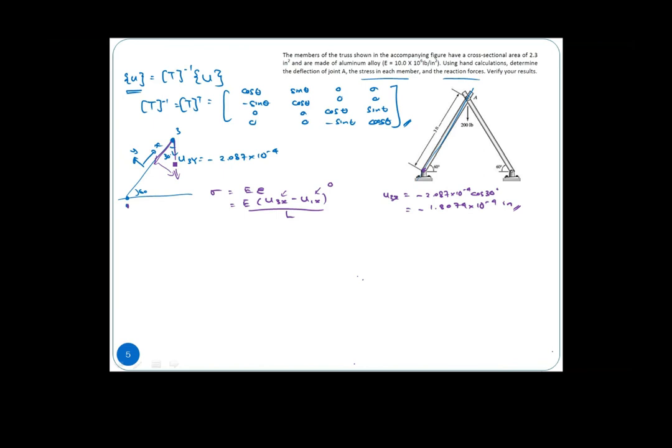Then we have our stress in this case is E times negative 1.8074 times 10 power negative 4 minus 0, divided by our L here, which is 3 times 12. Okay, so it will give us close to negative 50 times 21 pound per inch square. So it's compression.